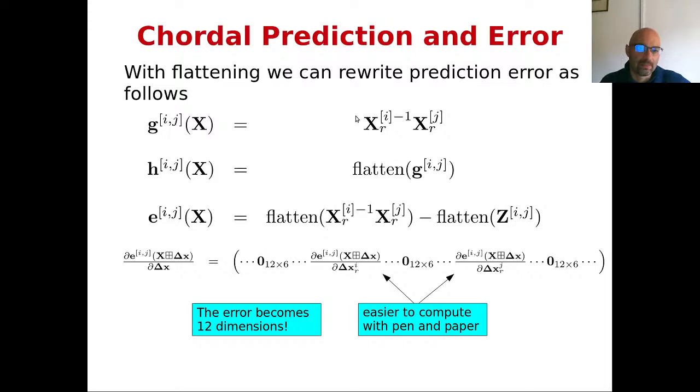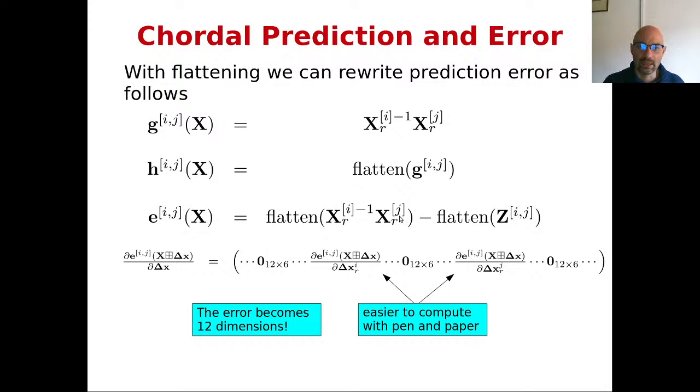So I take the prediction, which is a transformation matrix, and I turn it into a 12D vector. A 12D vector is not a manifold, it's not a complicated thing, it's just a brutal 12D vector. Okay? What I can do in this case is just calculate, it's a Euclidean vector, right?